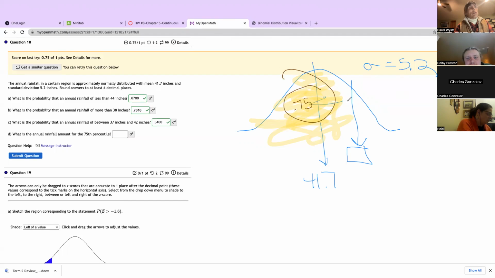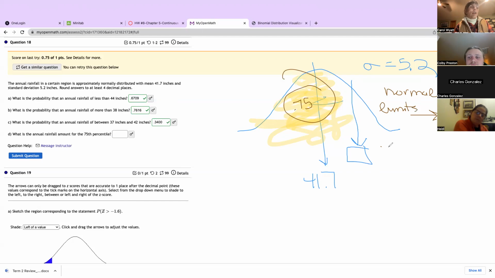So instead of using normal CDF, which I put in limits, you put in limits and you get out area, limits give area.